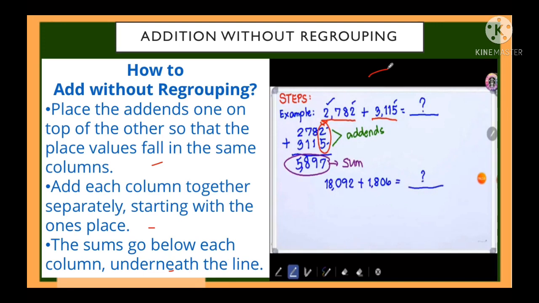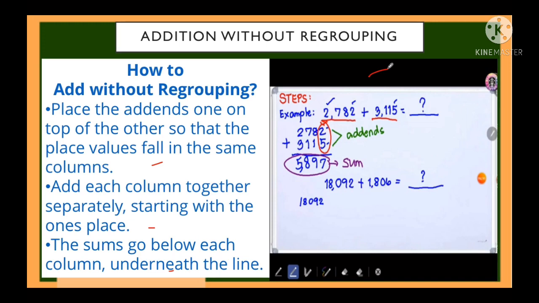Alright, so remember the first step? Our first step is to line up the two addends, right? So I will put here, first is the 18,092.